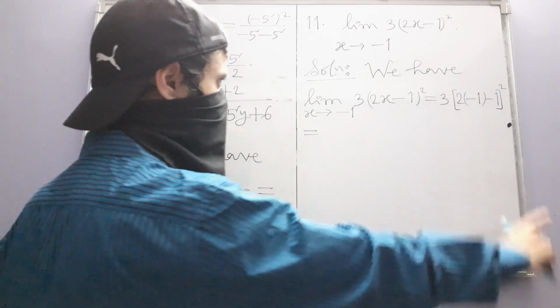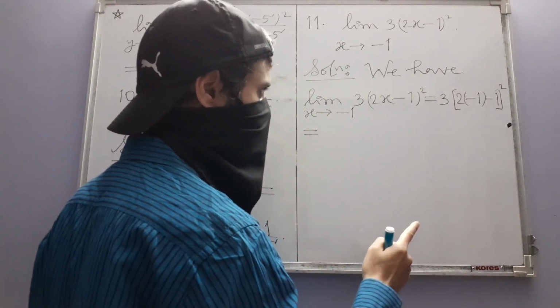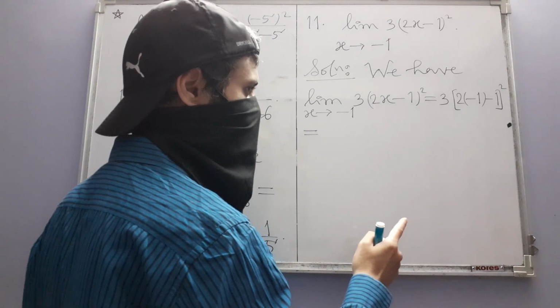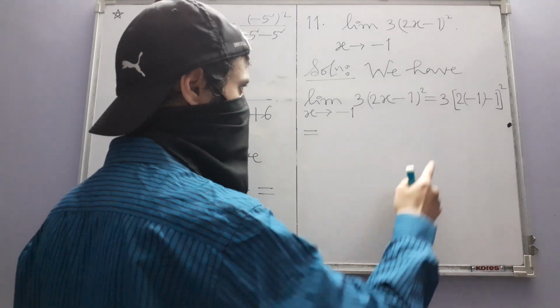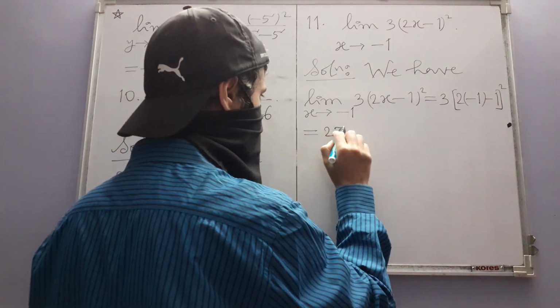Okay, so minus 2 minus 1 is minus 3, and the square of minus 3 is 9. So this is 9 times 3, which is 27.